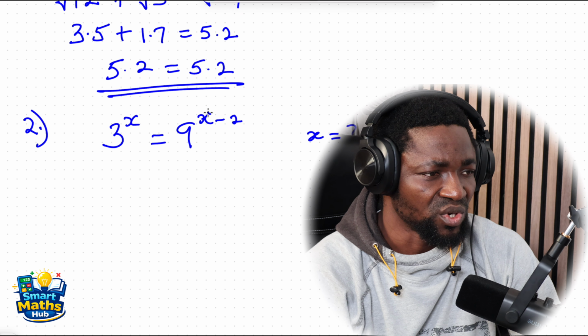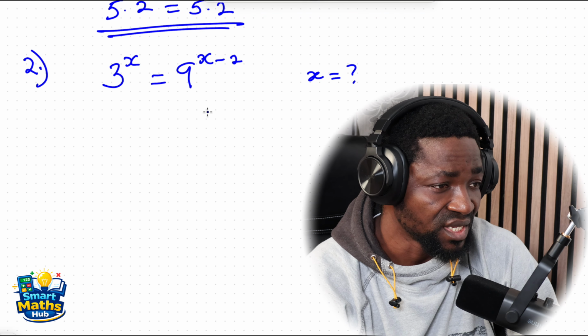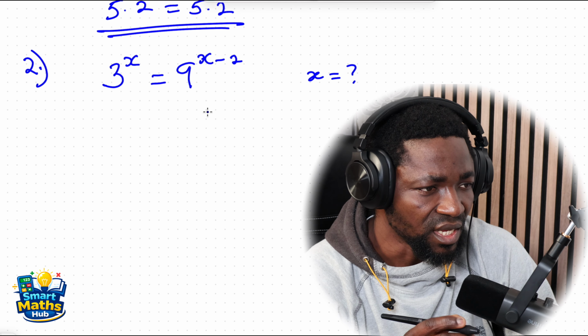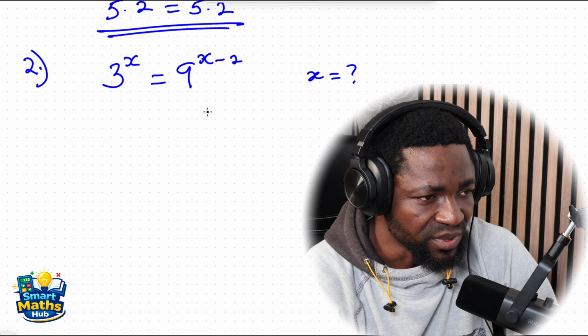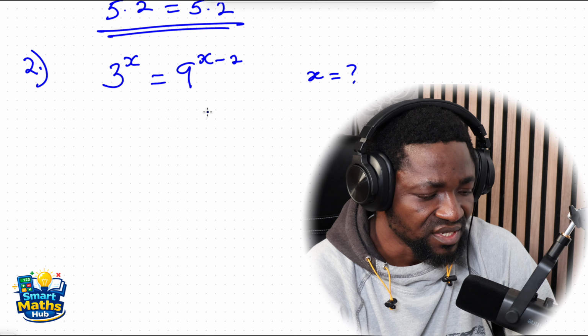So let's go back to question number 2. Because it is an exponential equation, the step here is to write both sides with the same base.